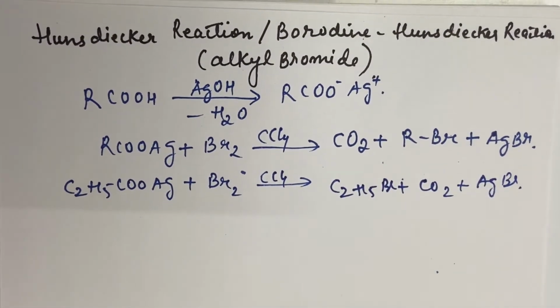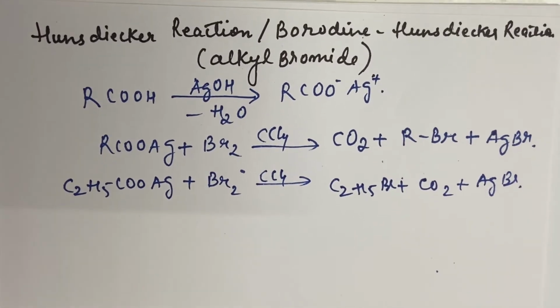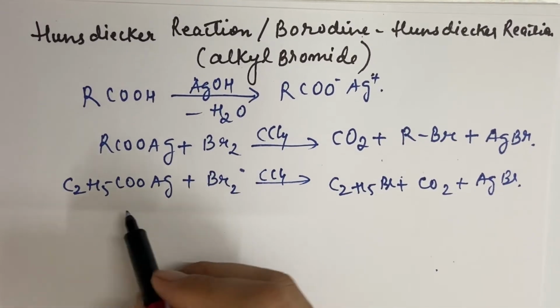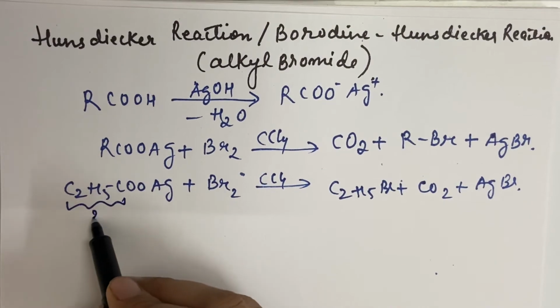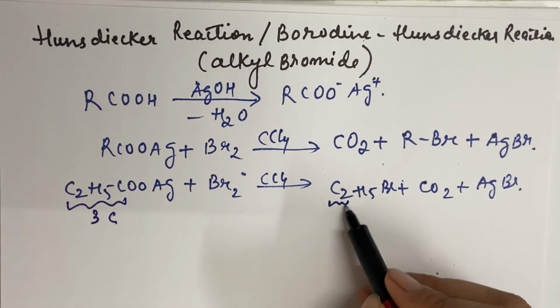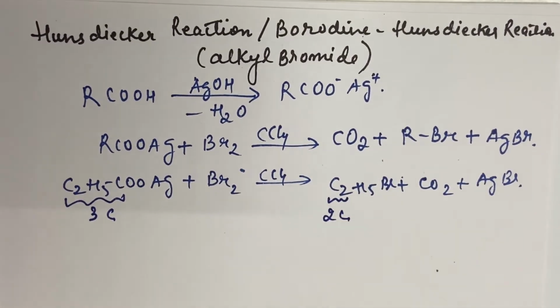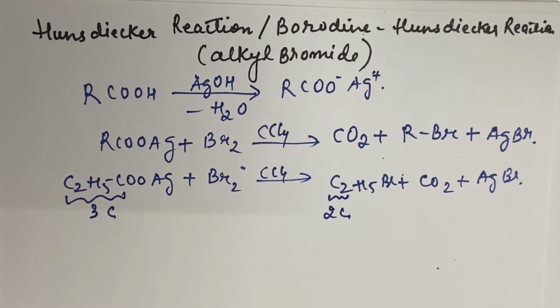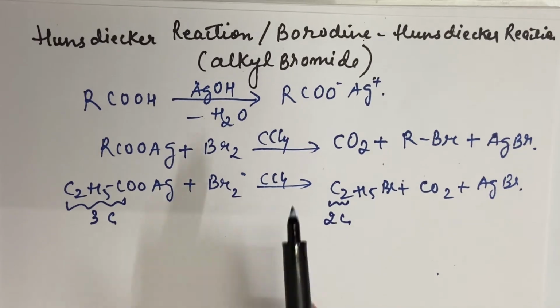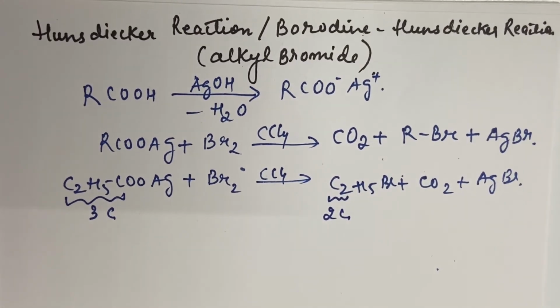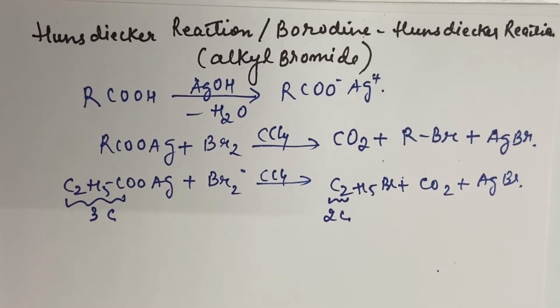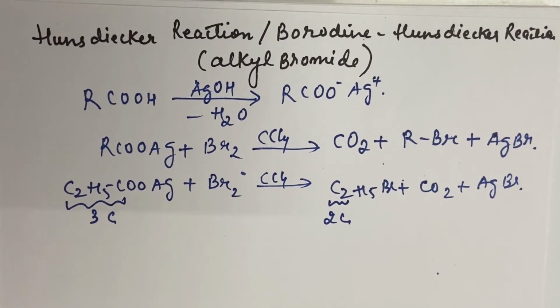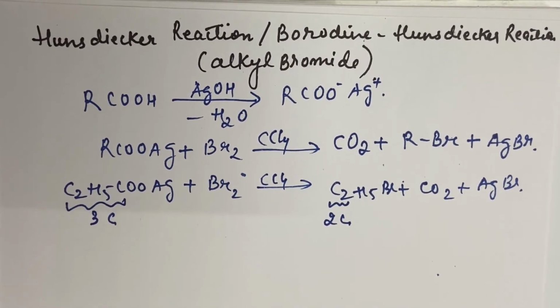If you notice one thing, in this reaction there are 3 carbons, but on the product side you just have 2 carbons. So whenever you want to prepare something with 1 carbon less, then you can use this reaction. Okay, so this is a very important point. You can write it down that in this reaction, the number of carbons is reducing.